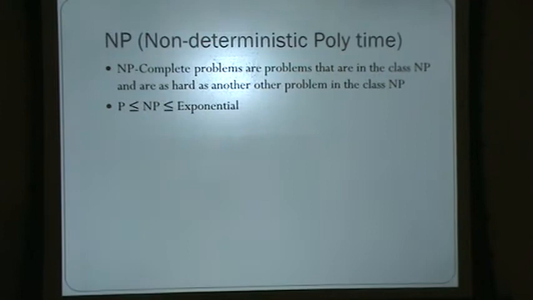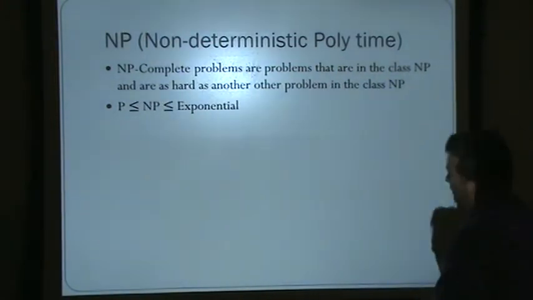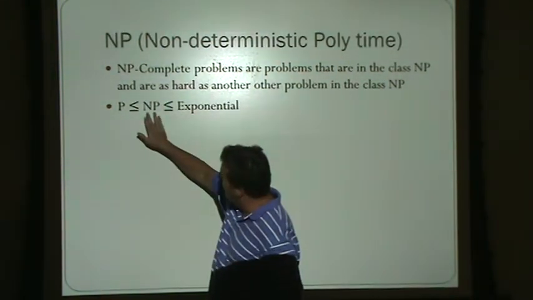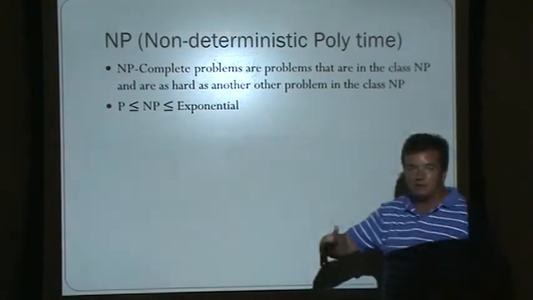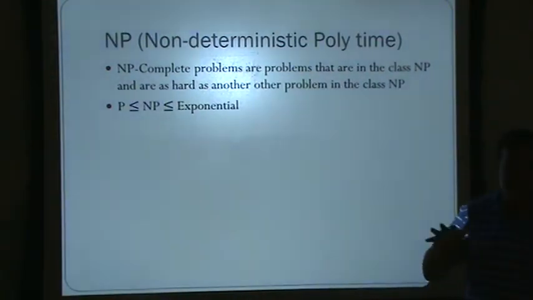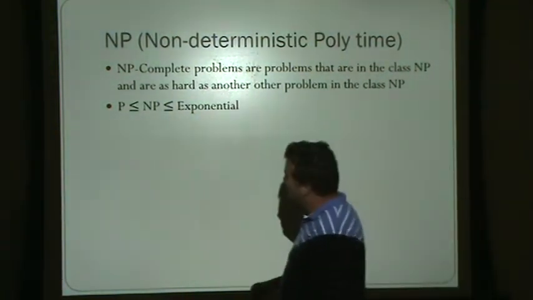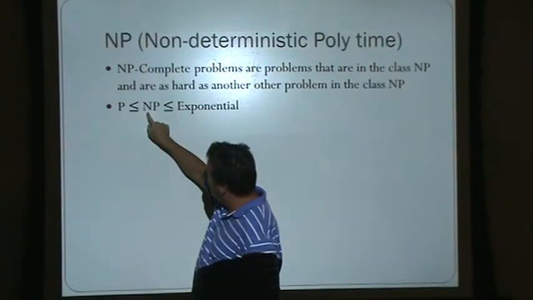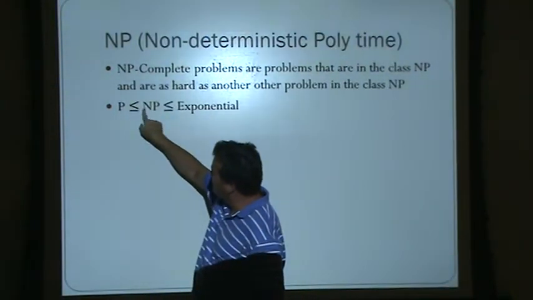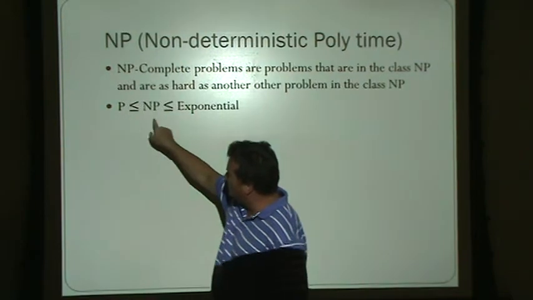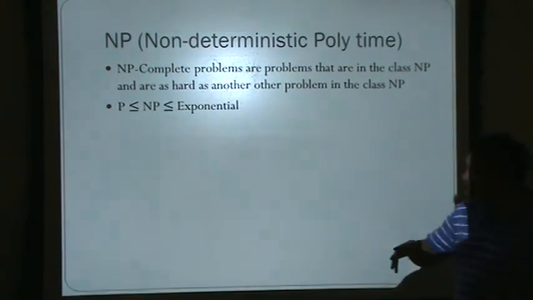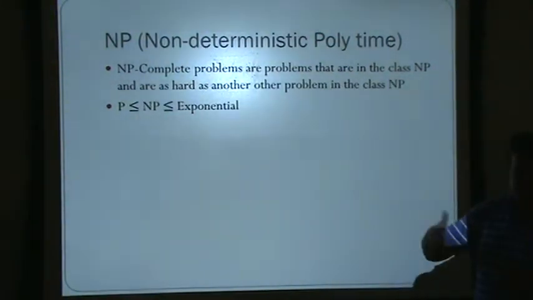So a non-deterministic polynomial time problem is a problem where, if I gave you an answer, you can check in polynomial time that it's a valid answer. It makes sense that this would be as difficult or more difficult than all the polynomial problems, because we could enumerate all of the answers and then try them out in polynomial time.